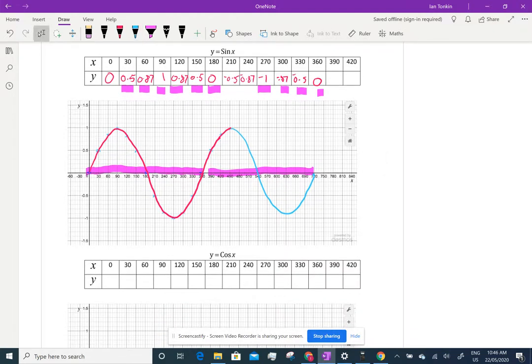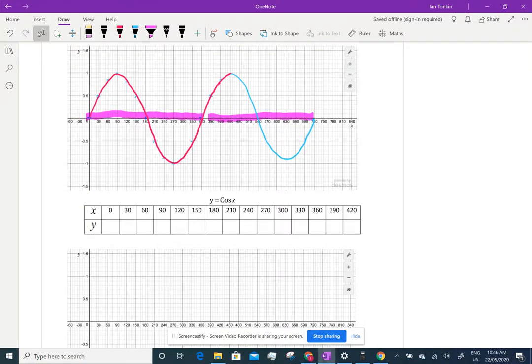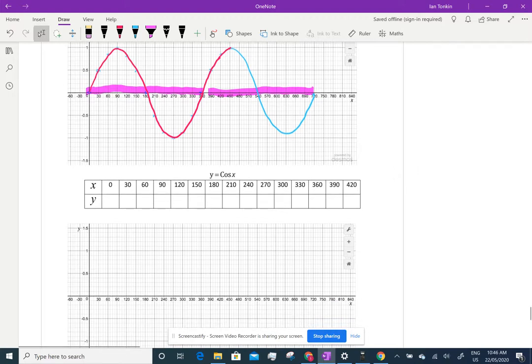Now I want you to do cos, and you'll do it the same way. So go and have a go. Pause this, put all the points in on your calculator, off you go. Hopefully you've paused it, you've come back, and you've gone 1, 0.5, 0.87, 0.